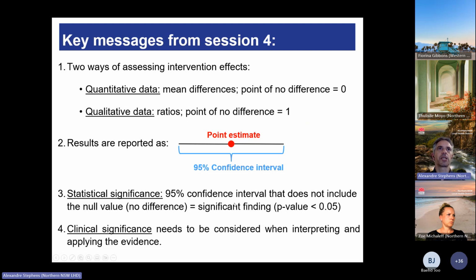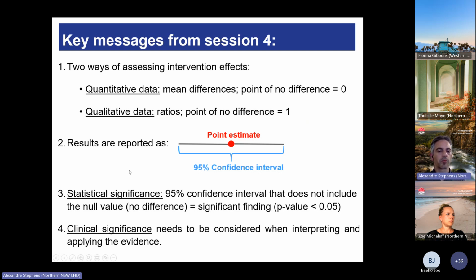So just a recap of the session, there are only two main ways, I guess, of assessing intervention effects. For quantitative data, we're looking at mean differences and the point of no difference being 0. For categorical outcome variables, you're basically looking for ratios and the point of no difference is 1.